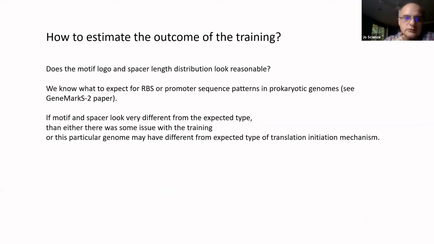So a question which sometimes I'm getting, and we are all getting, is how we can tell that an algorithm is performing very well. The only way to tell is to have high quality test sets, and they are very difficult to get. There are very few genomes in the prokaryotic world which have high quality annotation for all the genes.